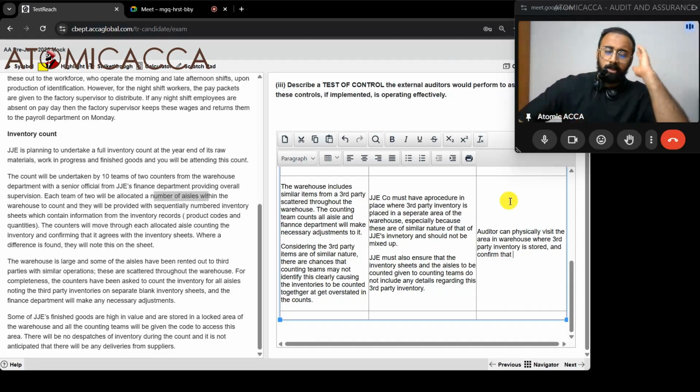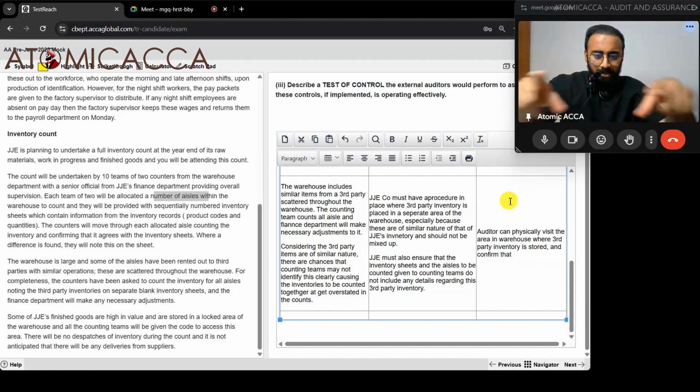If I simply go there and stand there, can I understand this is third party inventory or JJ's inventory? No, because JJ's inventory is of similar nature to the third party inventory also. So there needs to be something indicating it, because I as an auditor am an outsider, I have no idea whose inventory this is. So how can I understand this?